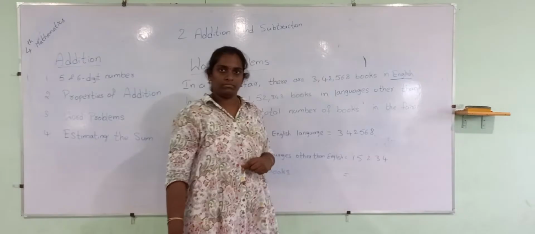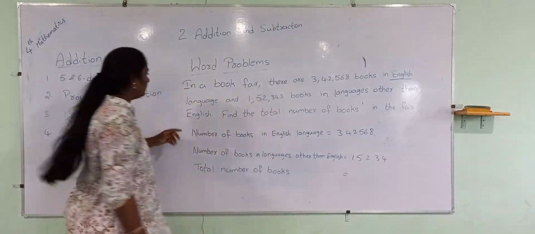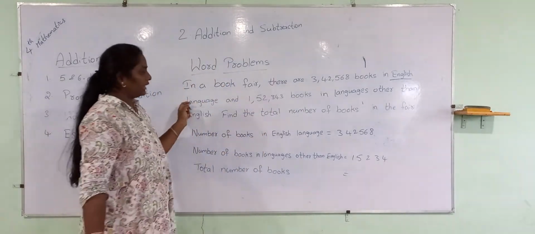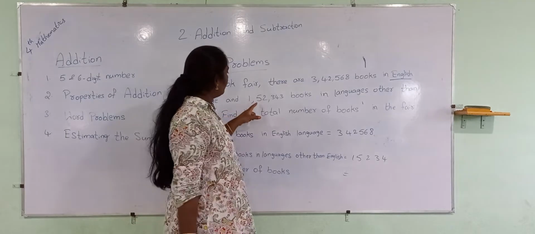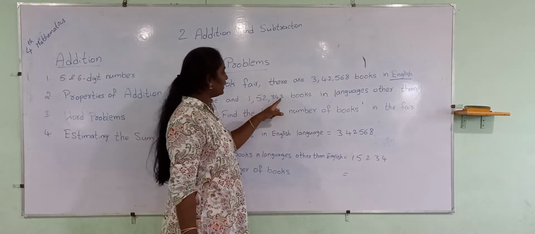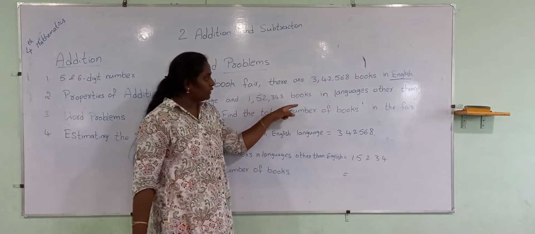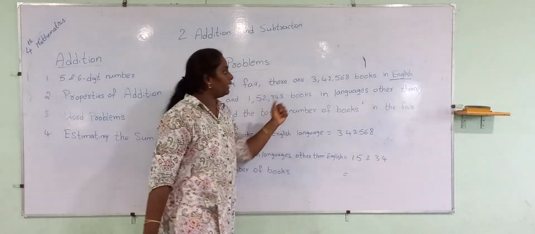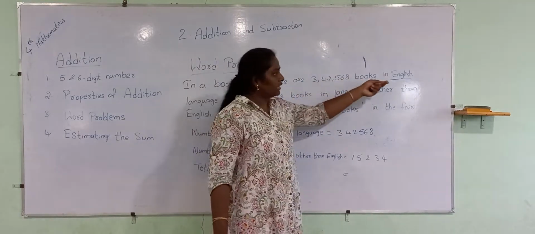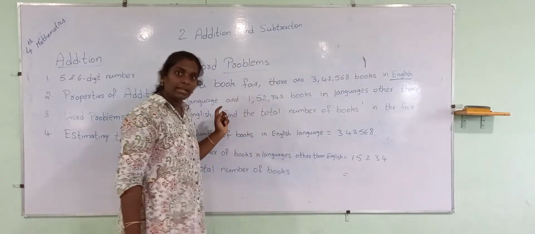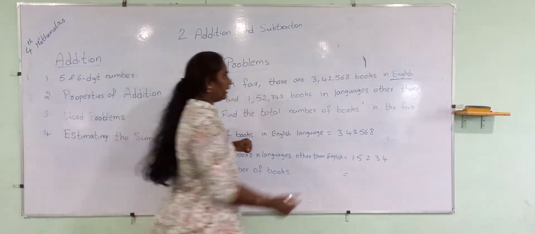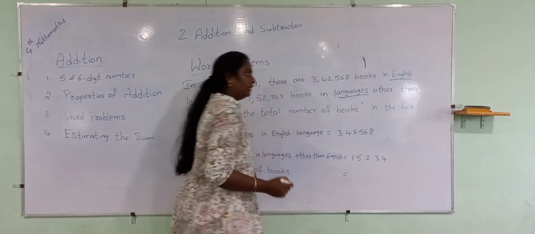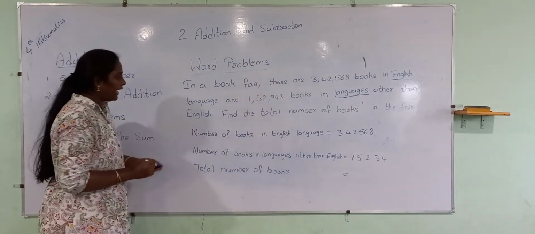Those books are in English language. Now, 1,52,343 books are in languages other than English. Here, 3 lakh books are in English, 1 lakh books are in other languages.